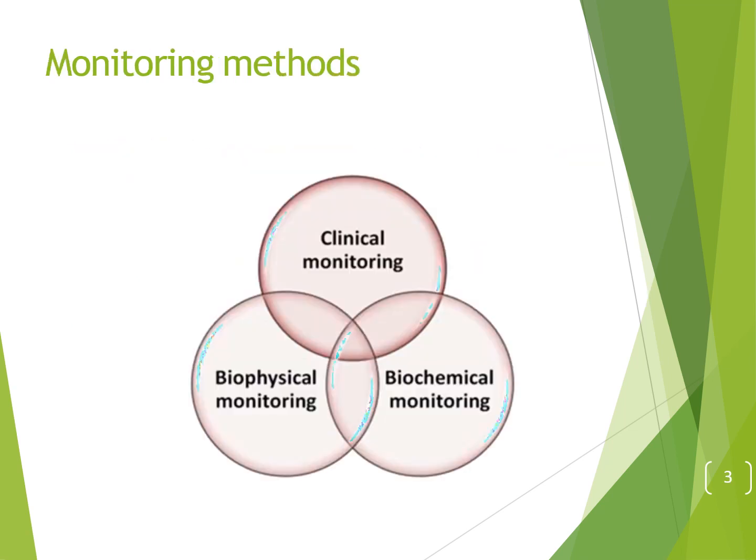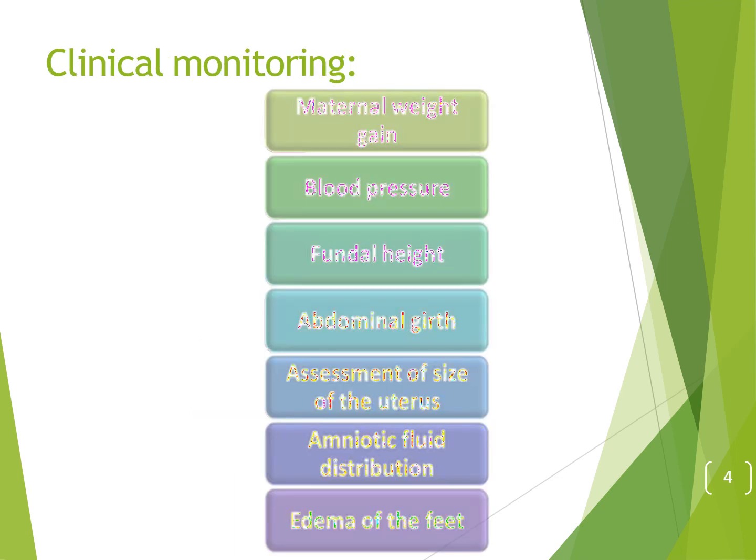The monitoring methods that we are using mainly in this period include clinical monitoring, biophysical monitoring, and biochemical monitoring. The clinical monitoring includes checking of the maternal weight gain. See, already I have told you that the mother is supposed to gain 10 to 12 kilogram of weight during the pregnancy. So you should see whether the mother is getting that weight.